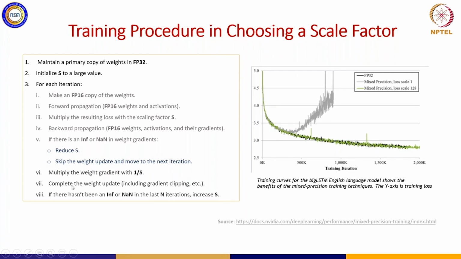So when you complete your weight update and it has been successful, you check your model as the iteration fully runs. If, while the iteration fully runs, you check that there is no infinity or non-value existing in between, then you can also increase your scaling value, since the iteration you have performed had no overflow.